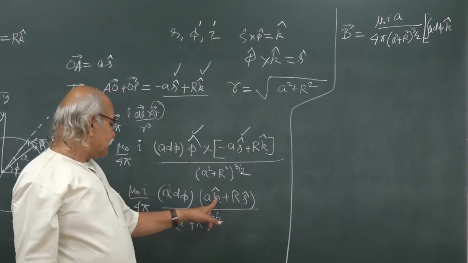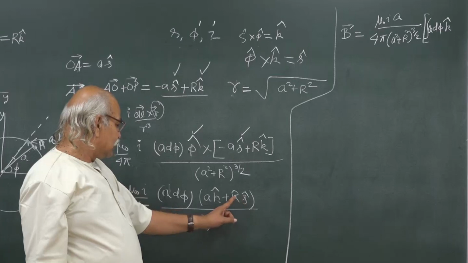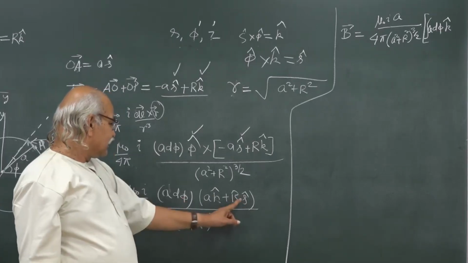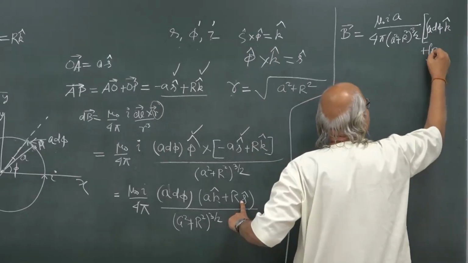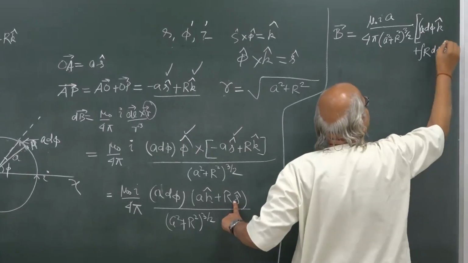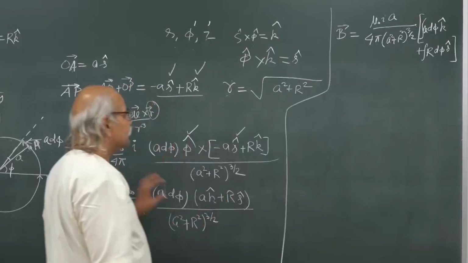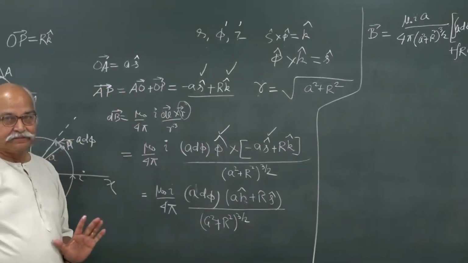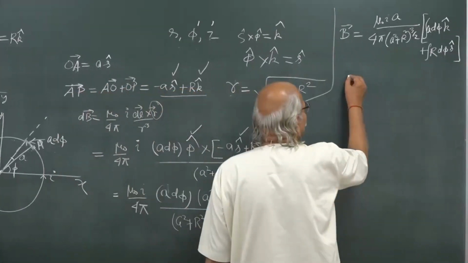Then the other part is R d phi s cap. So, plus R d phi s cap. This is the integration, and the rest of it we have already written. So, let us take the two integrations one by one.